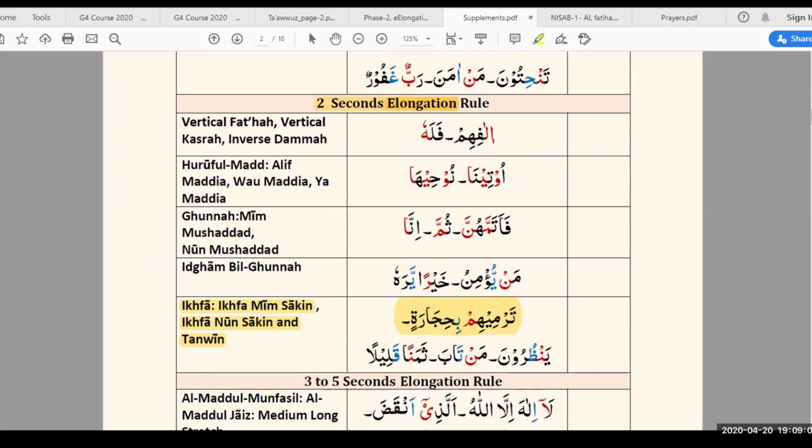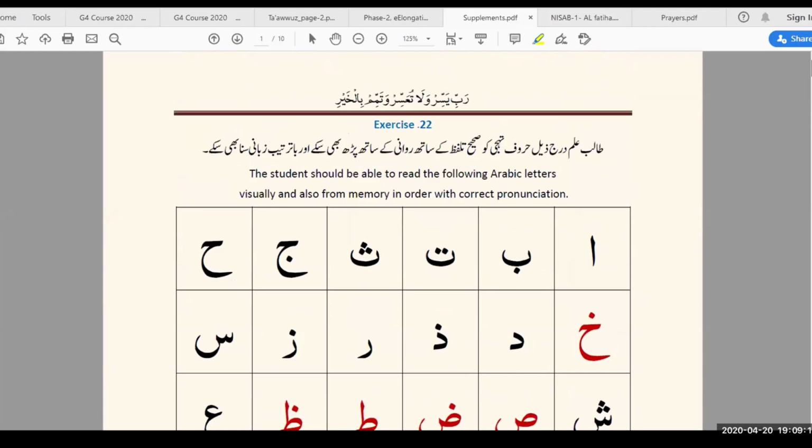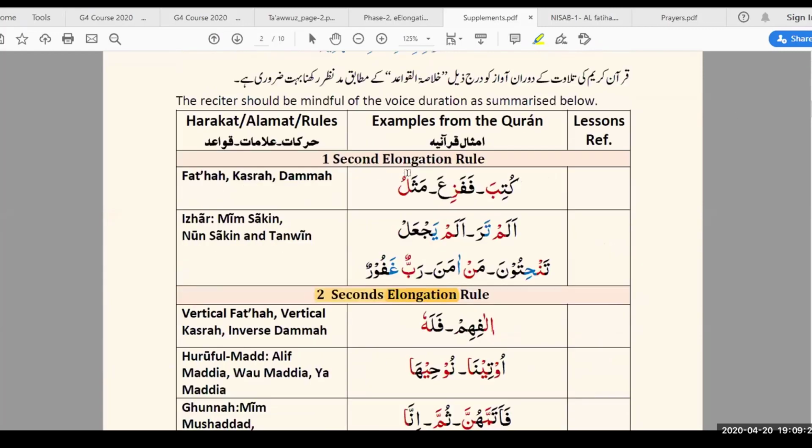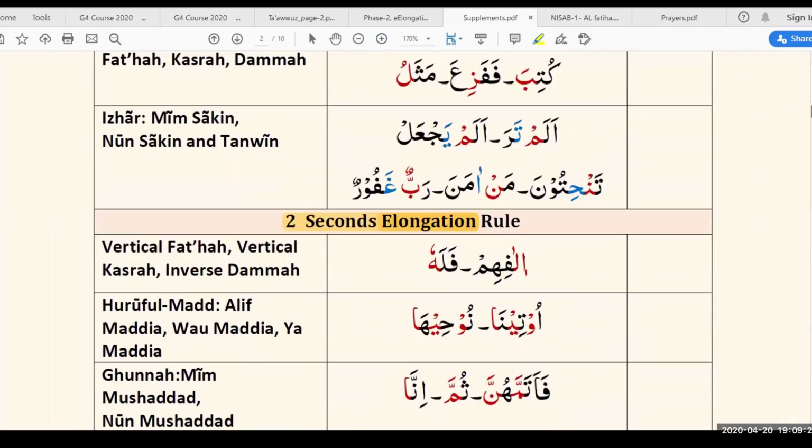If you just search for it on the Talimul-Quran website, then you'll be able to access all of this course material that we are using regularly. This is just a summary of the rules that we are going through, and a summary of how long you elongate which rule. This is where I got that from.